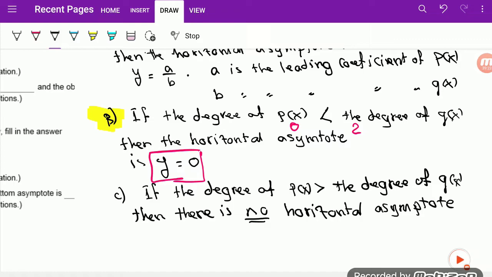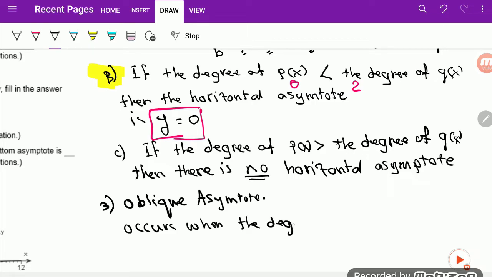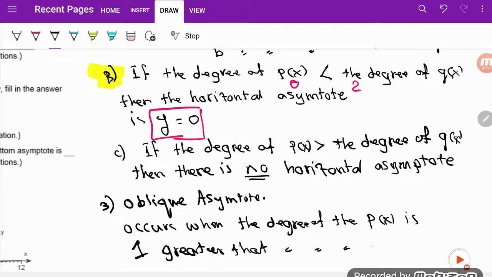The oblique asymptote, so let's add the third point here. The oblique asymptote occurs when the degree of the numerator, the p of x, is 1 greater than the degree of the q of x.